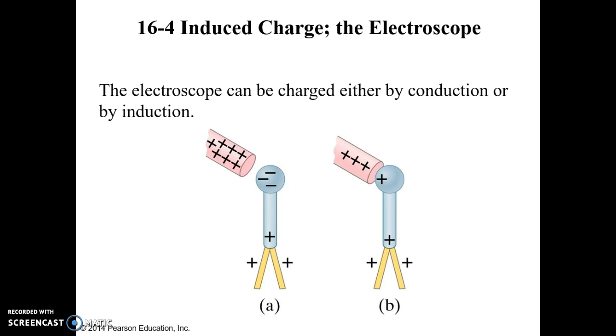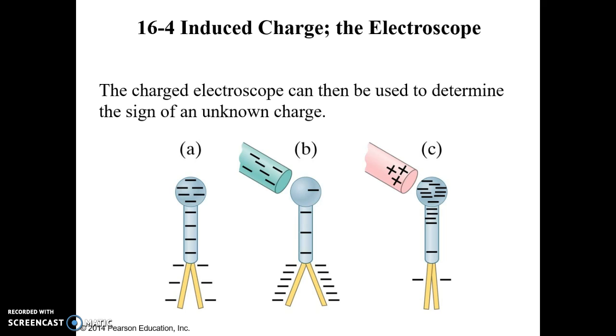The electrons are attracted up the knob, and the leaves become positively charged. The two leaves repel each other because they're both positively charged. If instead the knob is charged by conduction, meaning touching, the whole apparatus acquires a net positive charge. In either case, the greater the amount of charge, the greater the separation of the leaves.